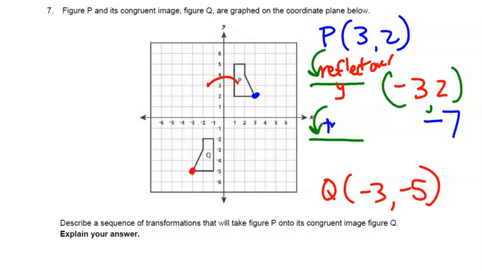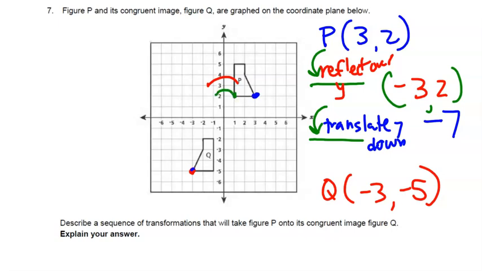So I could translate 7 down. Let's give it a try. Reflect over the y-axis, so instead of 3 units to the right, I'm going to be 3 units to the left, and then 1, 2, 3, 4, 5, 6, 7 units down. That would work. Let's try another point just to be sure. How about this one here?